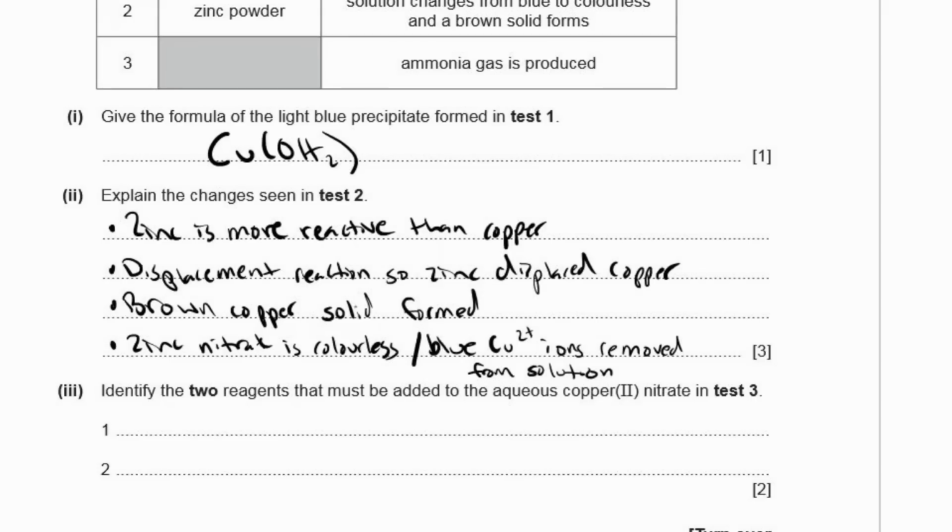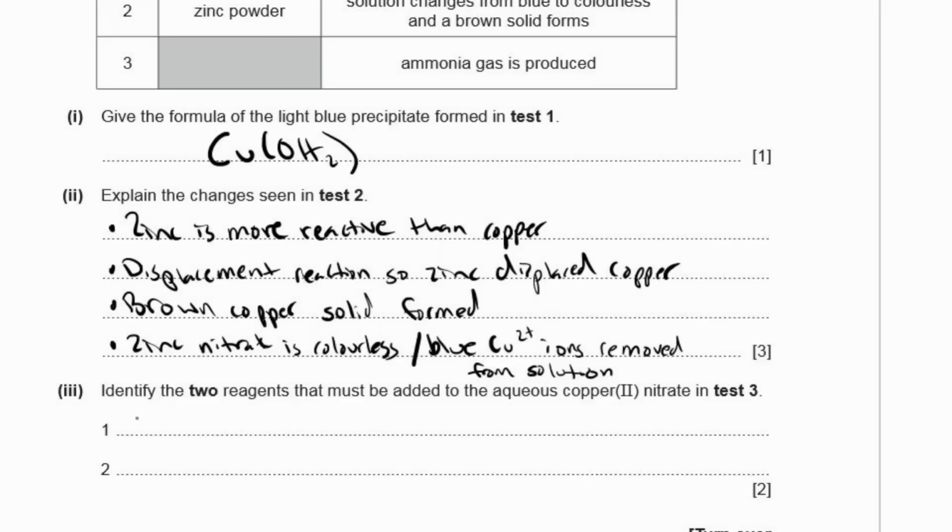3. Identify 2 reagents that must be added to the aqueous copper 2 nitrate in test 3. So test 3, we had 2 reagents added and ammonia gas was produced. Well, the ammonia gas was produced because of the nitrate. Okay, so you're saying what is the test for ammonia gas?